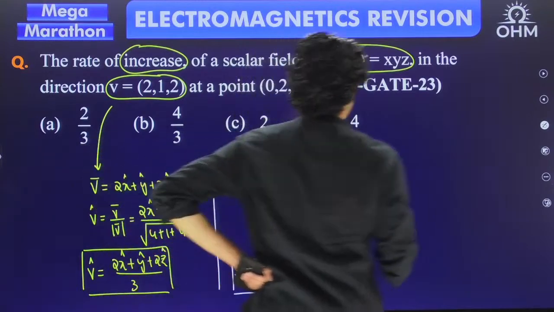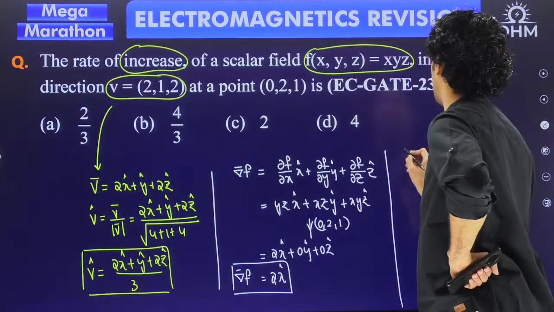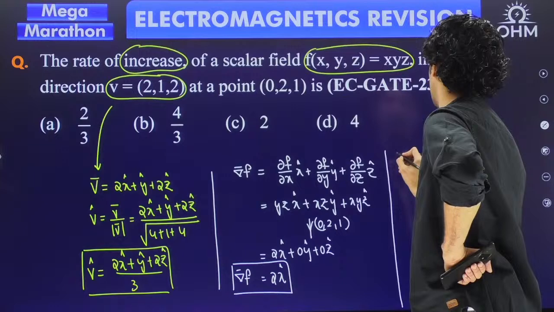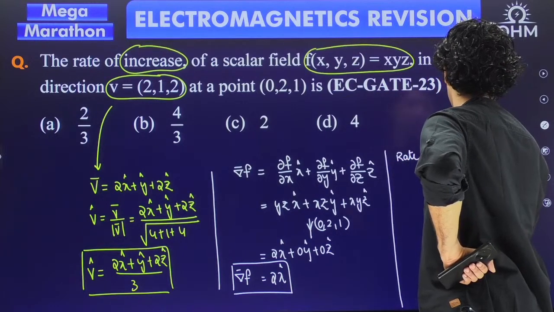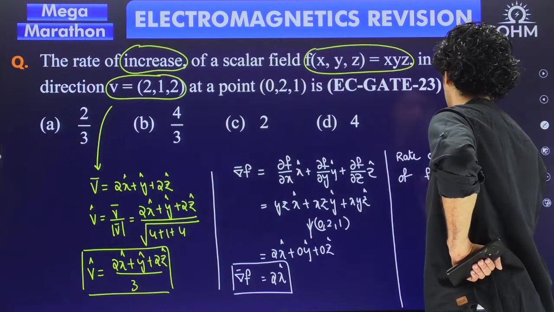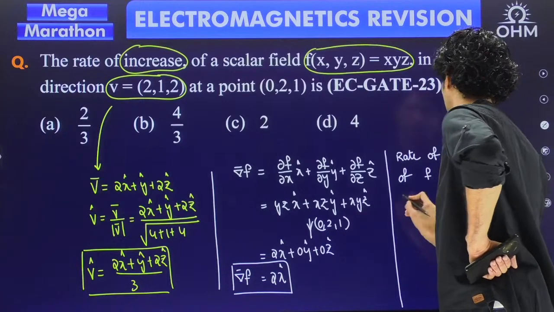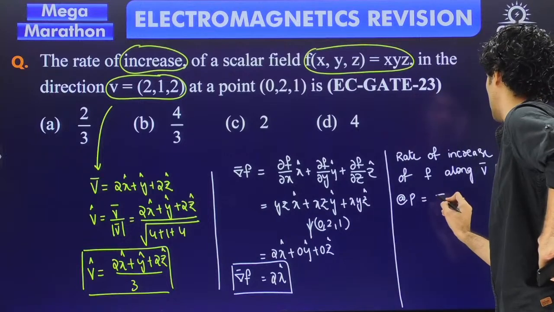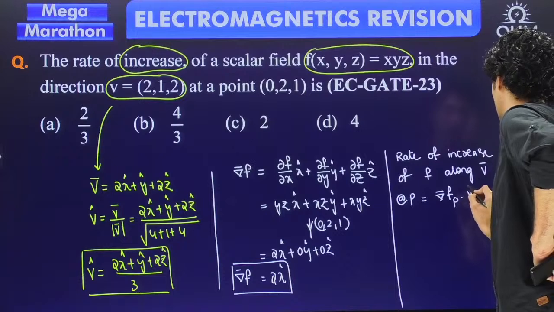Now next, what was asked for you? Directional derivative, right? So directional derivative, or rate of increase of the function f along u bar or v bar direction at the given point of interest, is given by the gradient of the function at the point P dot v cap.